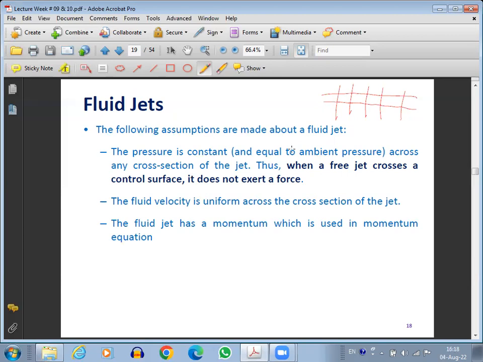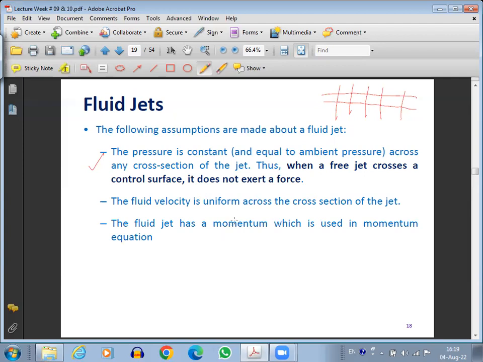Thus, when a free jet crosses a control surface, it does not exert a force. Because for force, we need to have pressure, but if it is just the atmospheric pressure, that's considered zero gauge all the time, right? So this is the first assumption that we make for jets.